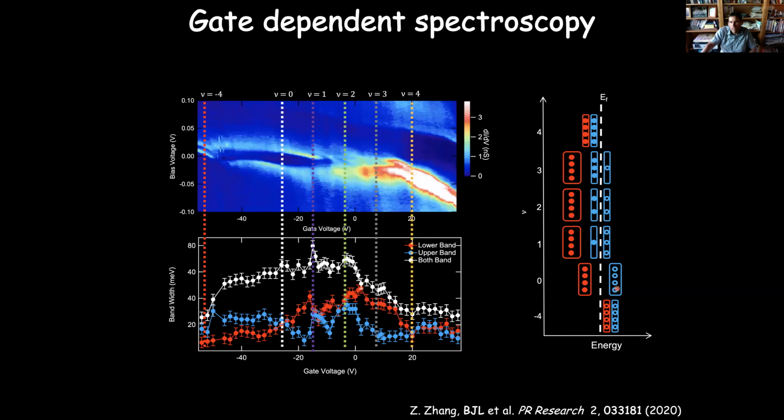The upper band is completely empty. That's the white. Here, when we hit the purple, we've put 1 electron in the upper band. The lower band stays filled. At that point, there's a change in the width of the upper band because now there's an electron in it. As we put a second one in, it gets narrower, and then back up. With the third one, it gets narrow, etc., as we fill these bands.